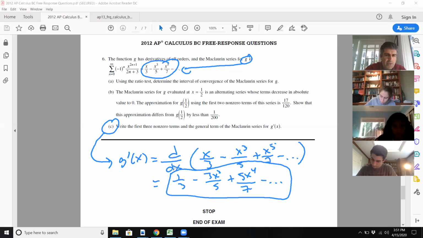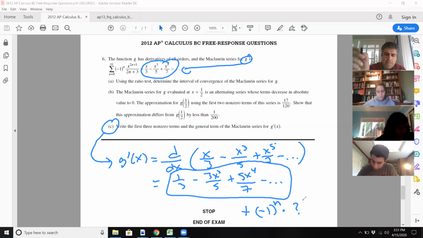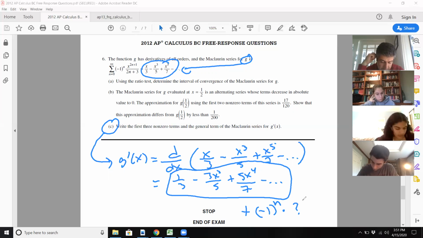The hard part is to find the general term. So I suspect we'll still have -1 to the n. It's still alternating. That question mark is what we're kind of interested in.